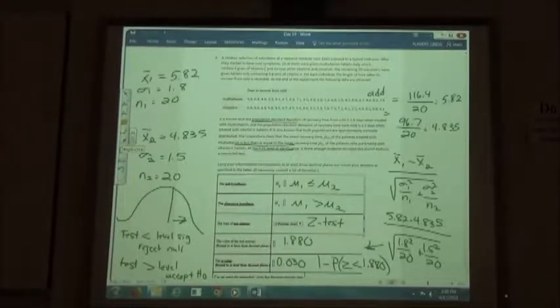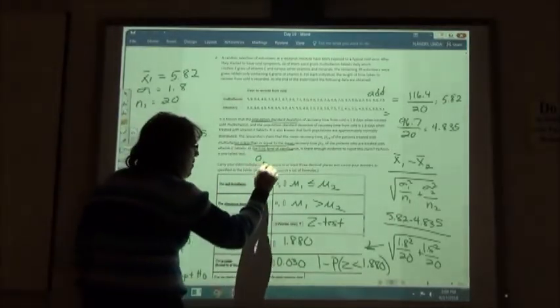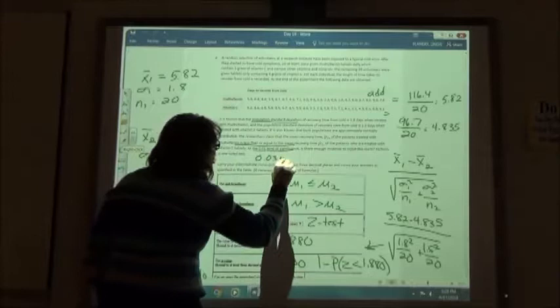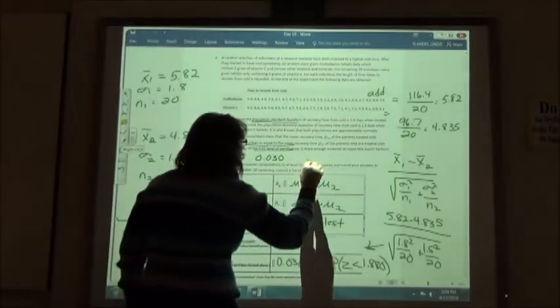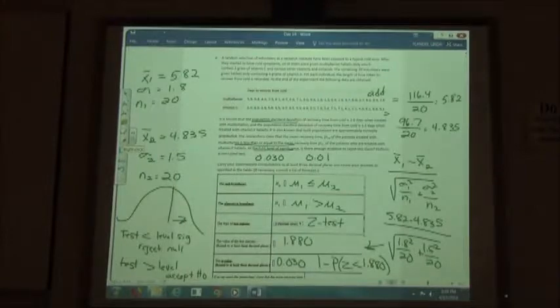Remember that from last week, vaguely? So in this case, my value here is 0.030. I'm comparing it to 0.01. Is 0.03 less than or greater than 0.01?